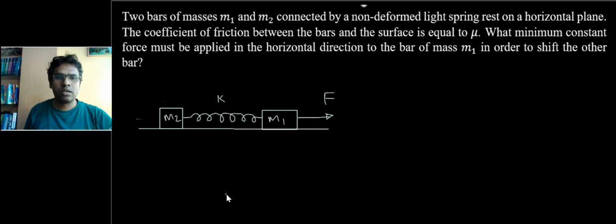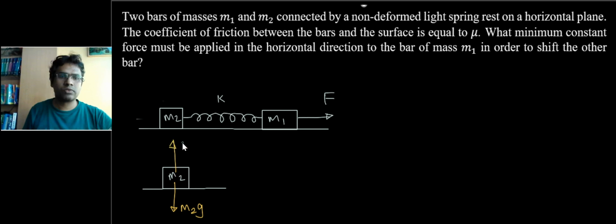So this is the minimum force required to move the other block. Here, if we look at the free body diagram of the bar with mass m2, we will get an idea about what minimum force is actually required to move it. The gravitational force m2g acts in the downward direction, and the normal force acts in the upward direction.